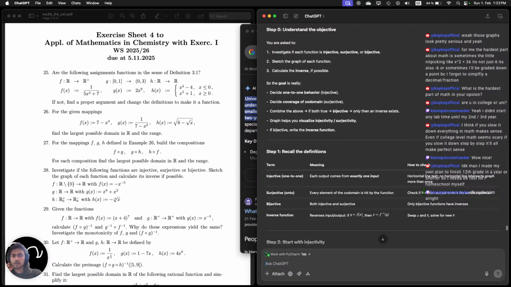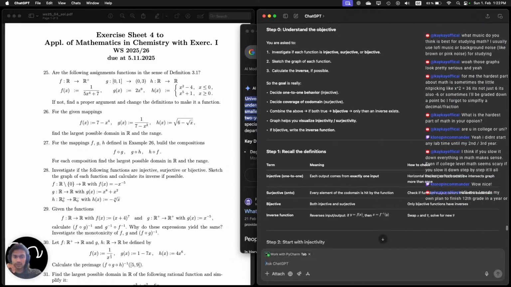Okay, so there's only going to be one value for x if y equals 0, right? Or the other way: every element of the codomain is hit by the function. Check if the function output covers the entire codomain. I did not exactly understand what it was.